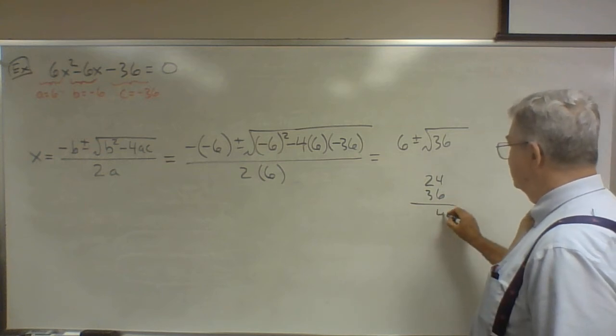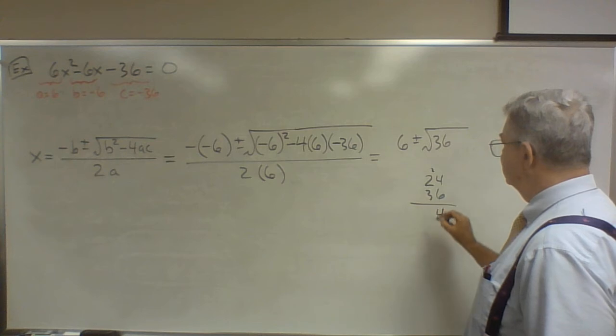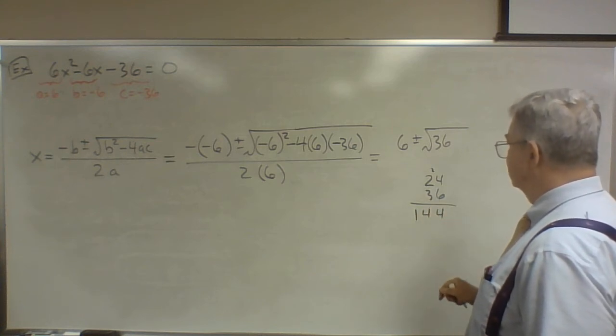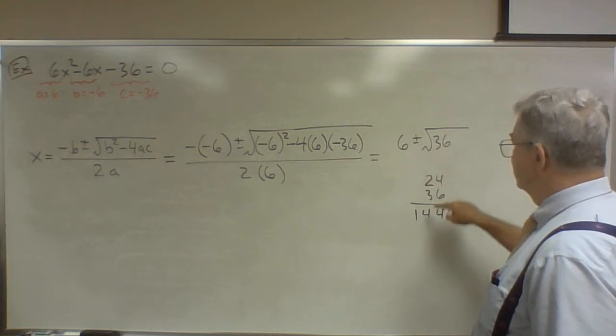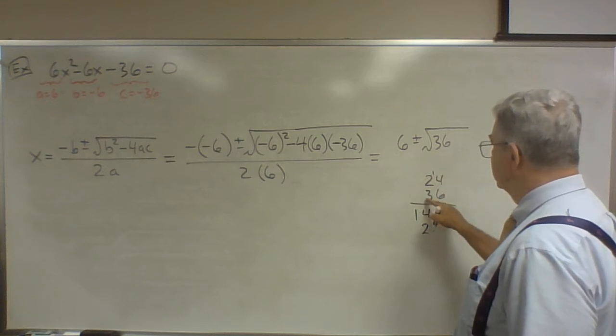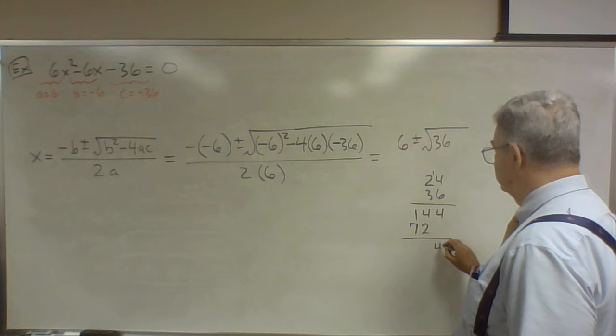Okay, 6 times 4 is 24, carry the 2. 6 times 2 is 12, plus 2 is 14. Looks good so far. Okay, now 3 times 4 is 12, carry the 1. 3 times 2 is 6, plus 1 is 7.